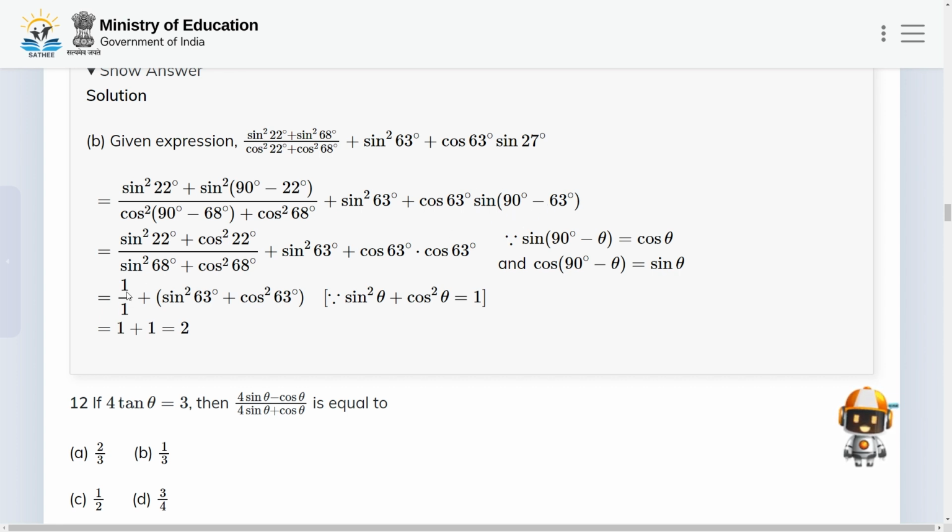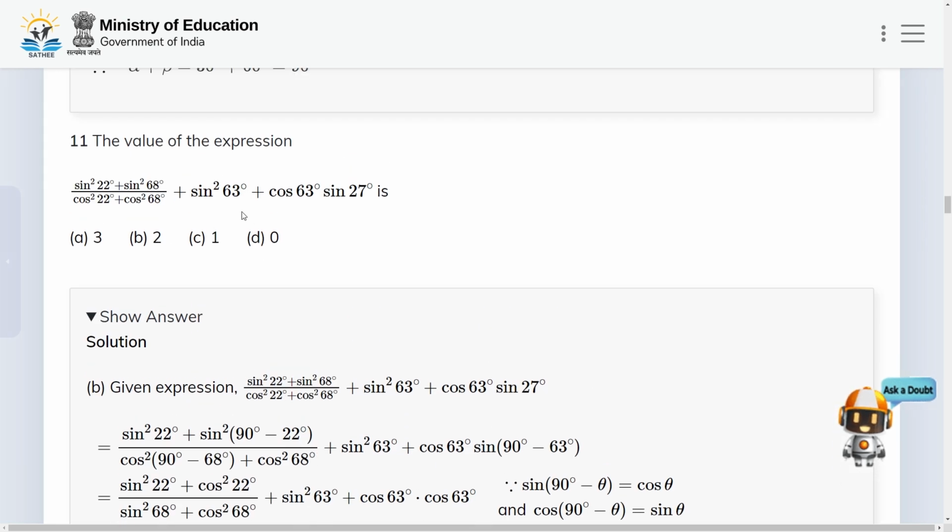So it is equal to 1 by 1 plus sine square 63 degree plus cos square 63 degree, and since sine square theta plus cos square theta is equal to 1, this is equal to 1 plus 1, which is equal to 2. So the value of this expression is 2, and in option B we have the value of 2, so the correct answer is option number B.